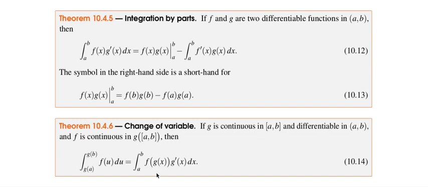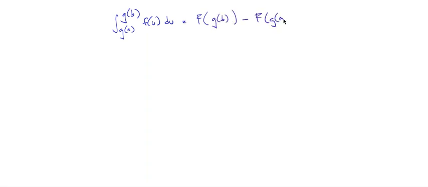Okay, so in order to prove this, for instance, let me see this here. We can prove that on one hand we have that this integral is the integral of f at u du, and this is the primitive of f at g of b minus the primitive of f again at g of a.